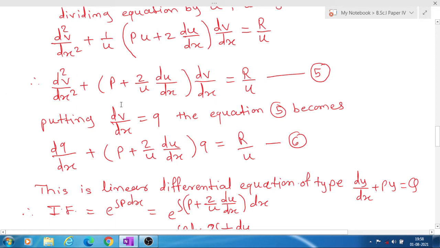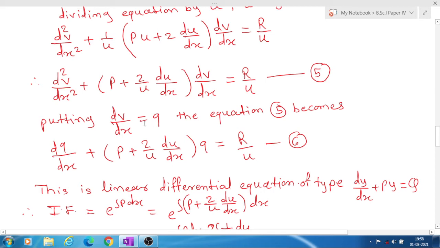Now in this equation, if we put dv by dx is equal to q, this is d2v by dx square and this is here is dv by dx. So if we put dv by dx is equal to q, then d2v by dx square means dq by dx.